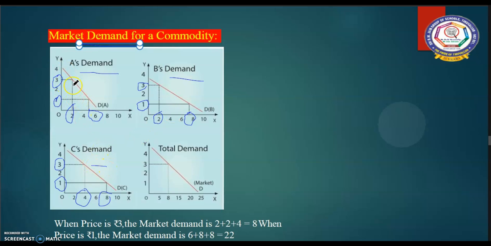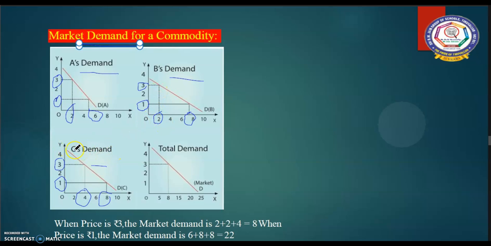price. So when price is 3, the market demand is 2 plus 2 plus 4. In A's diagram you can see when the price is 3, the demand is 2. In B's demand also when the price is 3, the demand is 2.